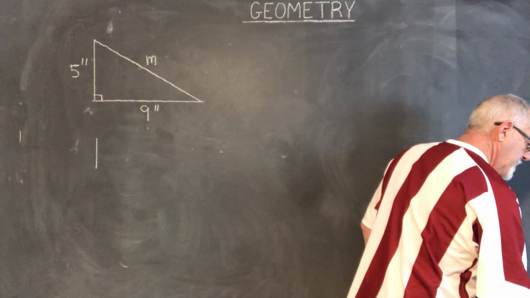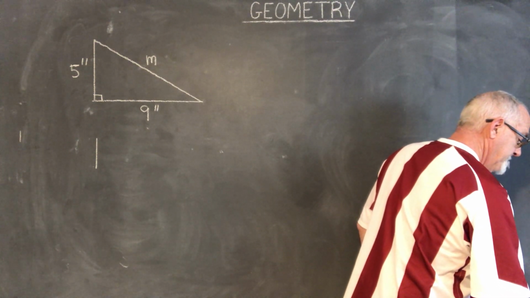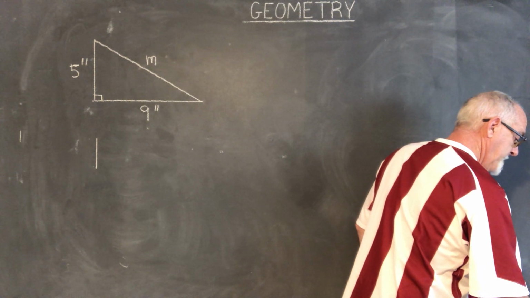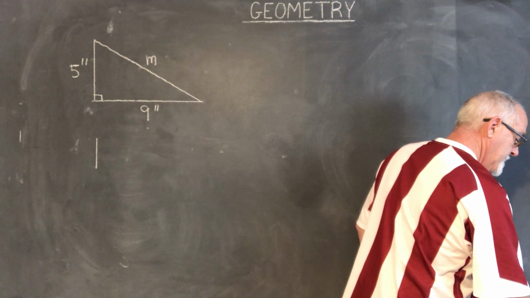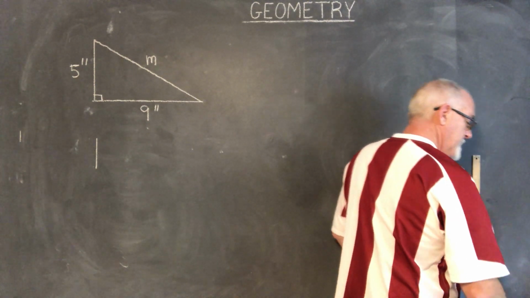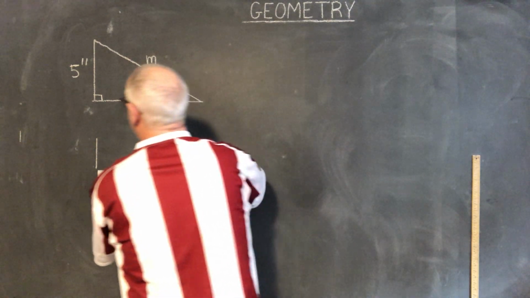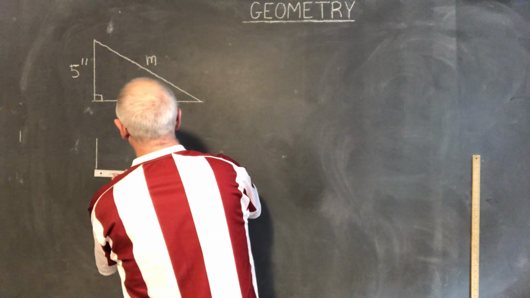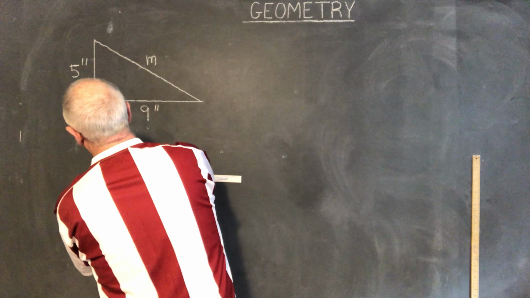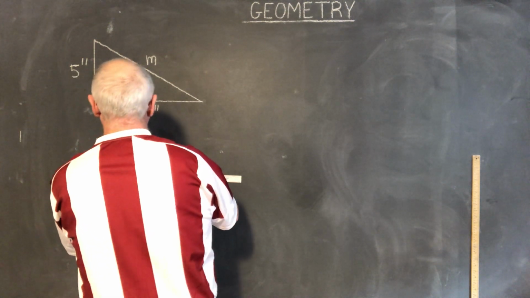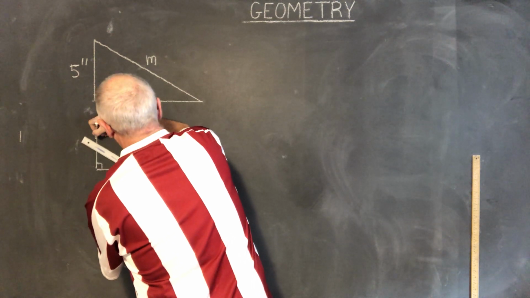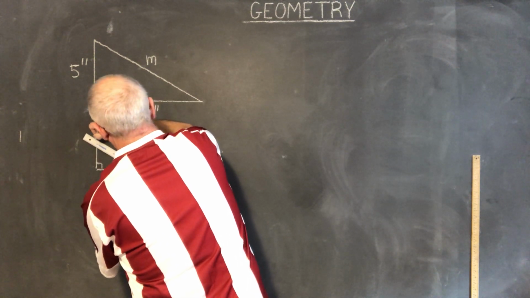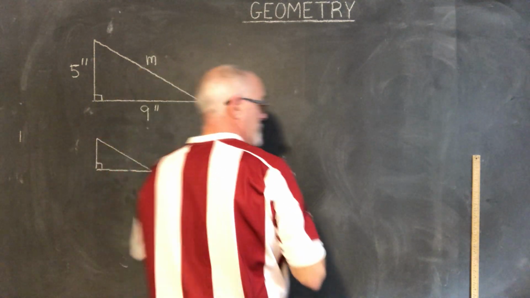Let me just make sure I get the right dimensions. In my drawing, I'll put the little right angle symbol. And I guess I can draw my hypotenuse right away, so I will. There.